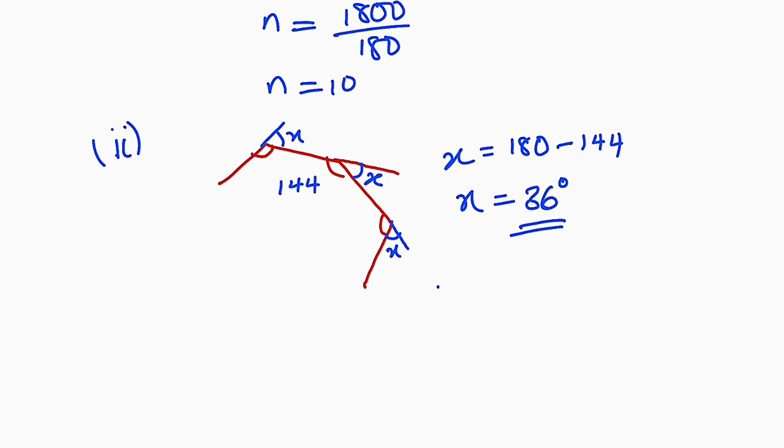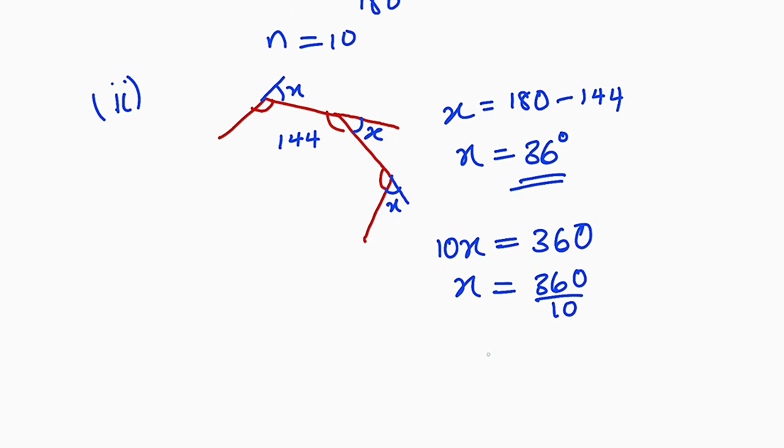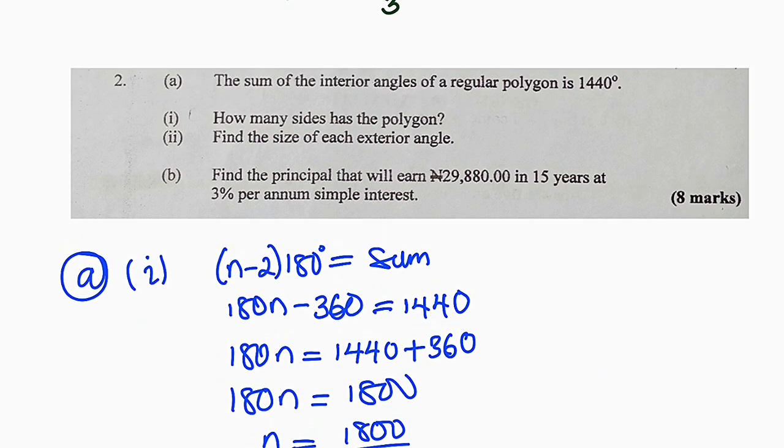So since we have 10 x's equal to 360, x can be 360 divided by 10. So x equals 36 degrees. So in either way, you find this 36 degrees. So each exterior angle measures 36 degrees, and the number of sides is 10. So we have just answered Roman 1 and Roman 2 of A part.